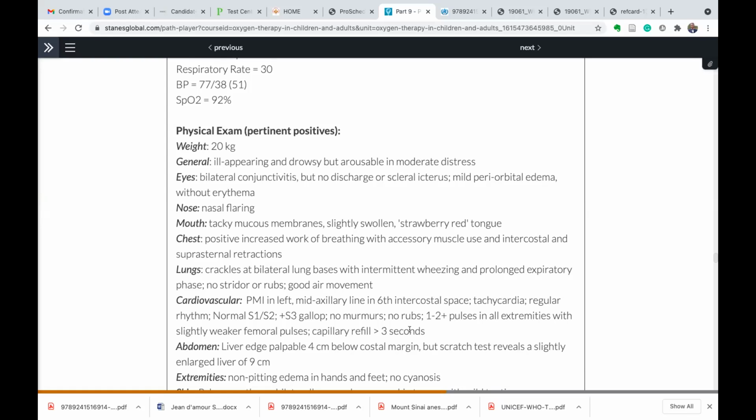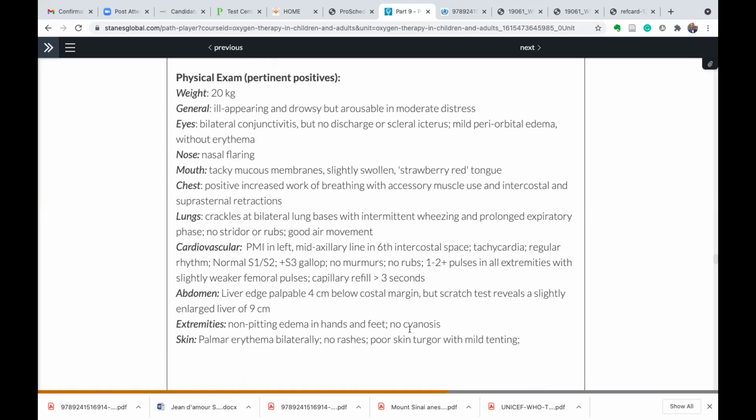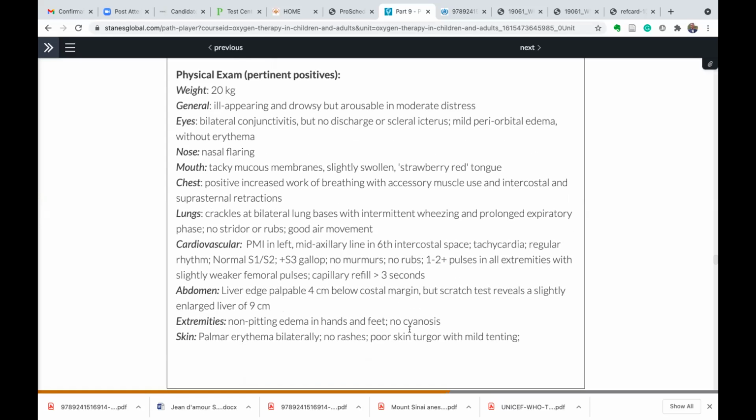The patient has increased work of breathing with use of accessory muscles, and both intercostal and suprasternal retractions. The patient has crackles at both lung bases with intermittent wheezing, and a prolonged expiratory phase.